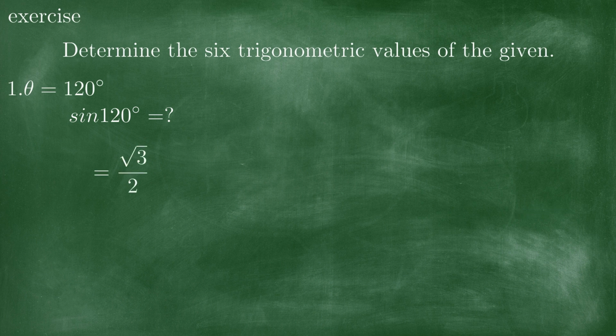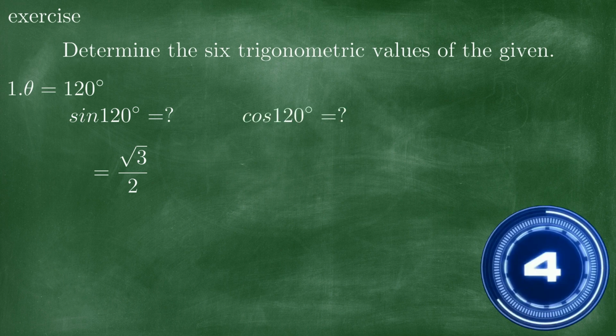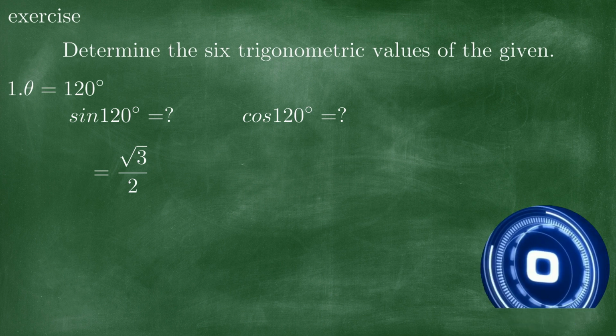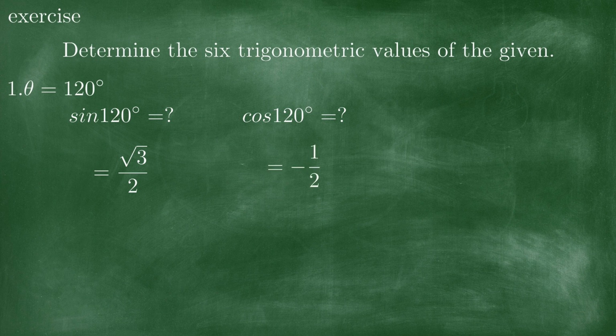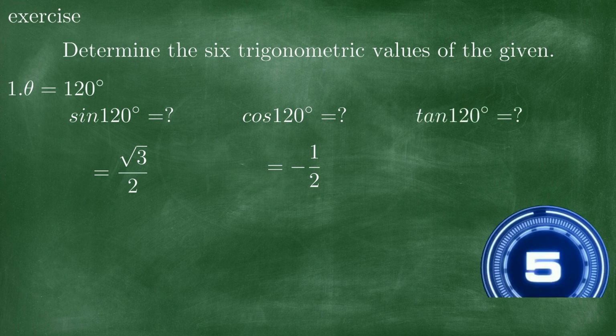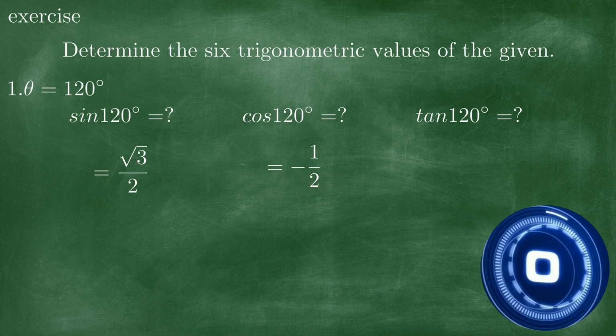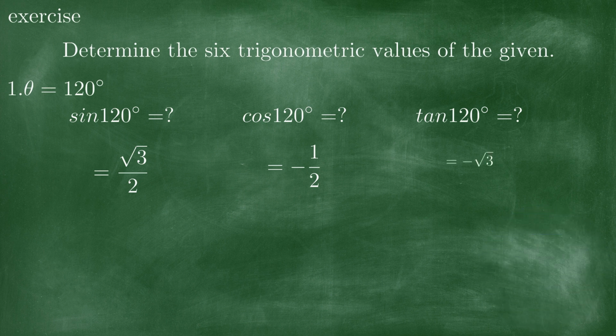Good. That is square root of 3 over 2. How about cos 120 degrees? Great. That is negative 1/2. How about tan 120 degrees? Amazing!